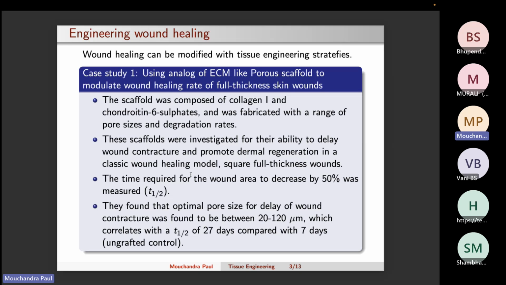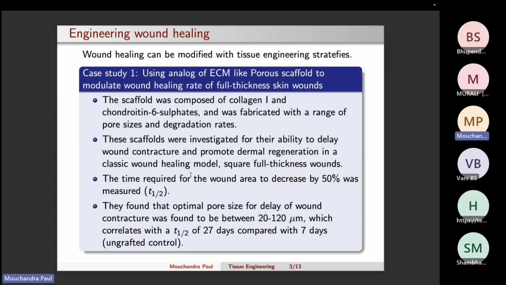In some scenarios, people have observed that if we delay when the wound contracture should happen, the wound healing process will improve.